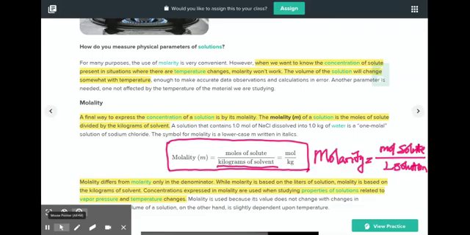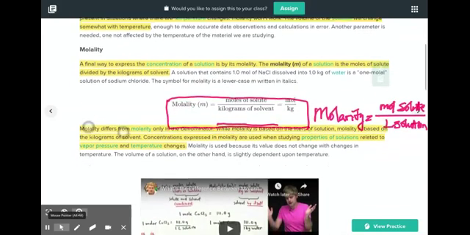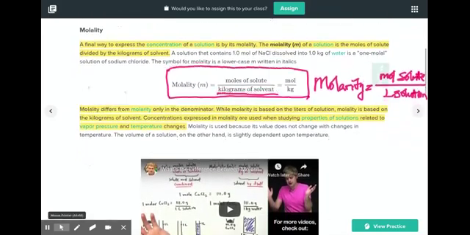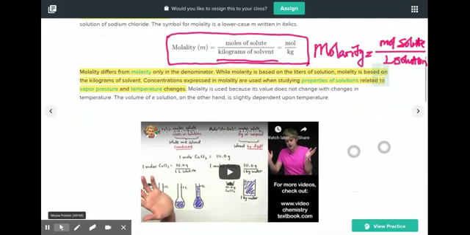We're going to talk more about the solution, its behavior and properties under changing vapor pressure and temperature after spring break. The reason why molality is used is because its value does not change with change in temperature. So we can have a more accurate reading.